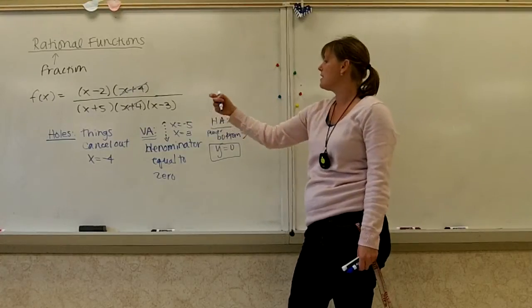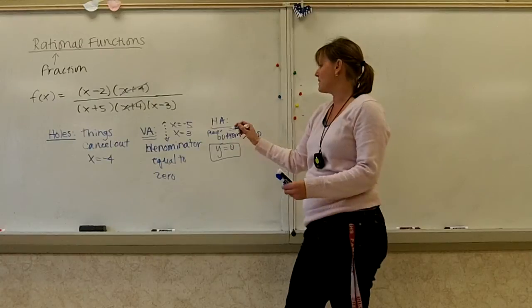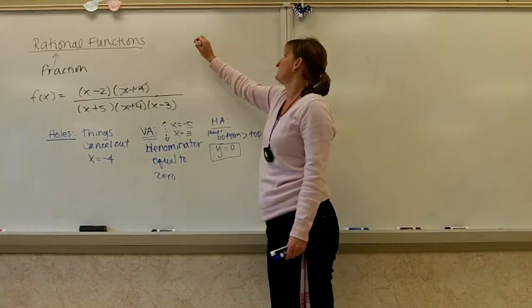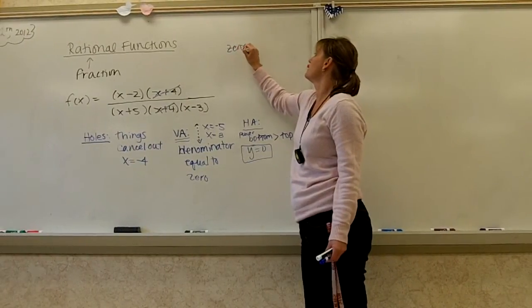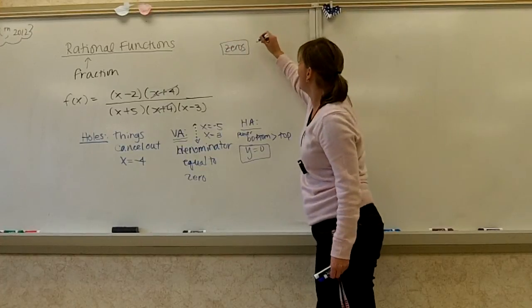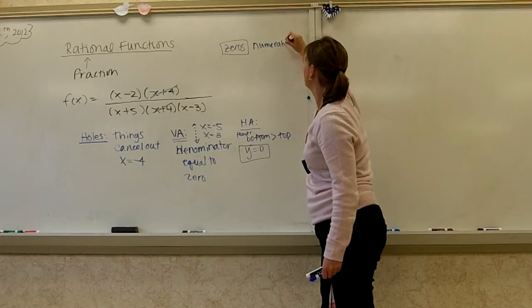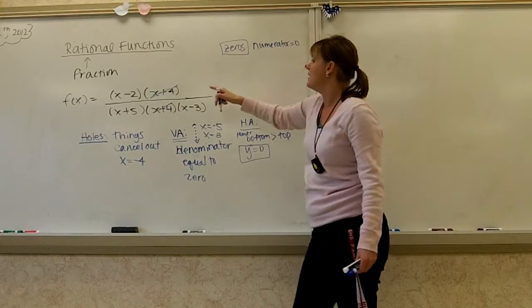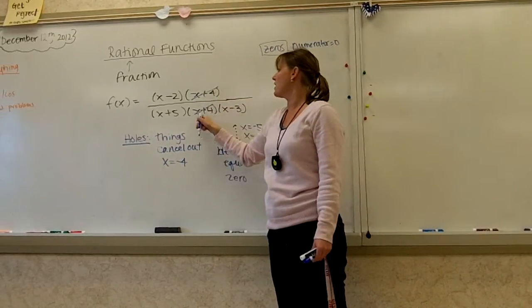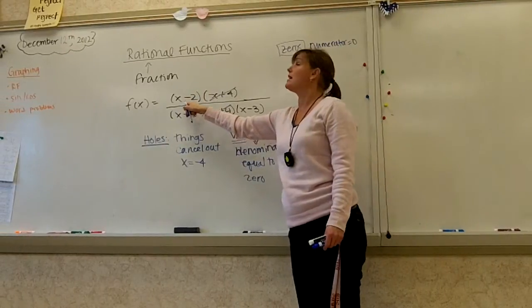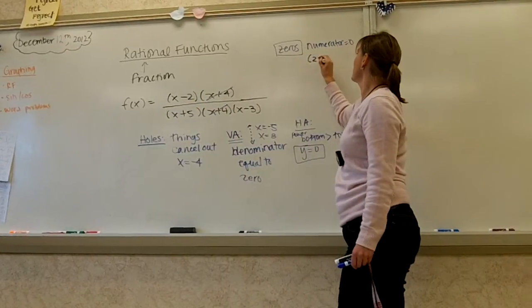So we have holes, we have vertical asymptotes, we have horizontal asymptotes. We need to find the zeros. And zeros happen when the numerator, the top part, is equal to 0. So after I cancel out that 4, the only other 0 I have is right here. So this is going to be at (2, 0).